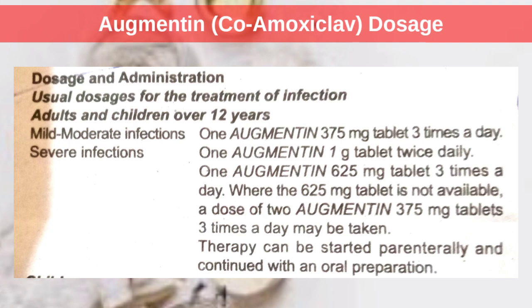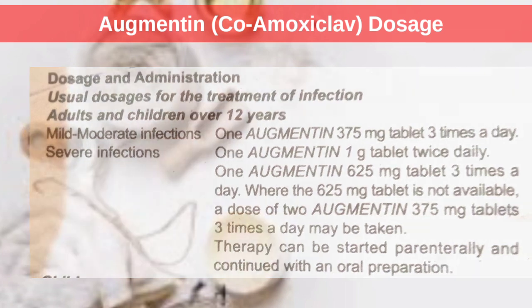Where the 625 mg tablet is not available, a dose of 2 Augmentin 375 mg tablets 3 times a day may be taken. Therapy can be started parenterally and continued with an oral preparation.